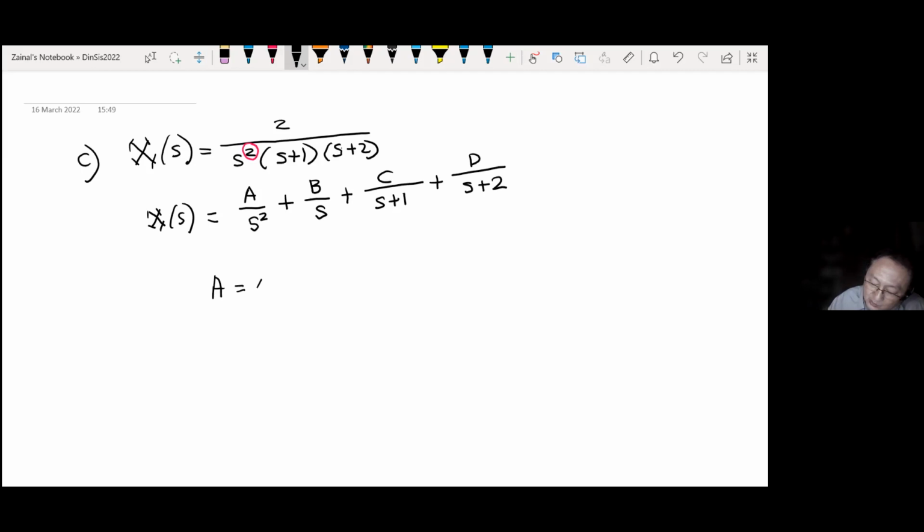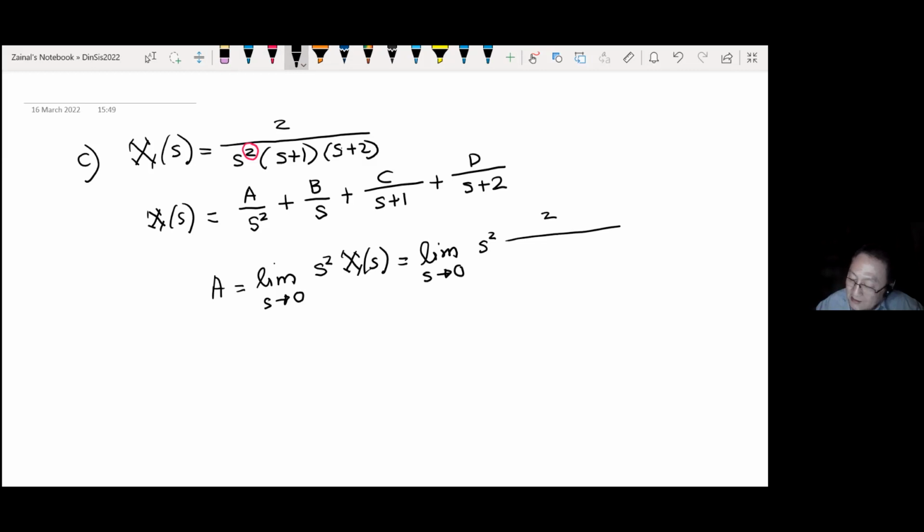A is equal to the limit as S goes to 0 of S squared multiplied by X(S), where this is the limit as S goes to 0 of S squared multiplied by 2 divided by S squared (S plus 1)(S plus 2).